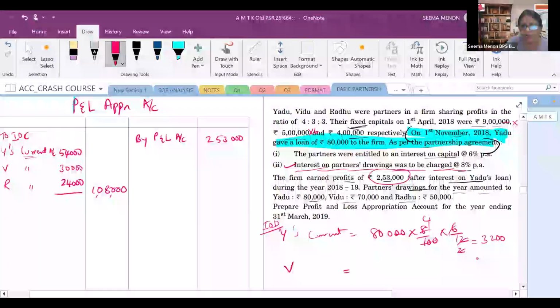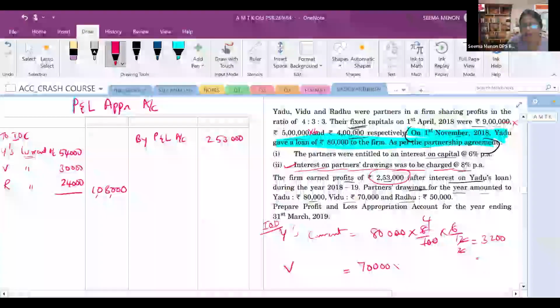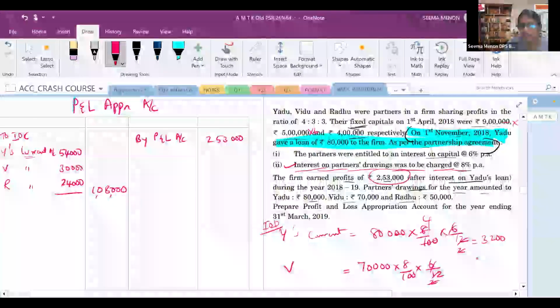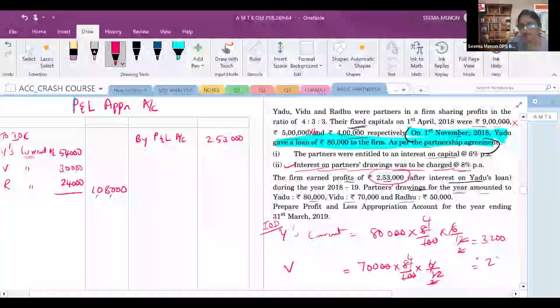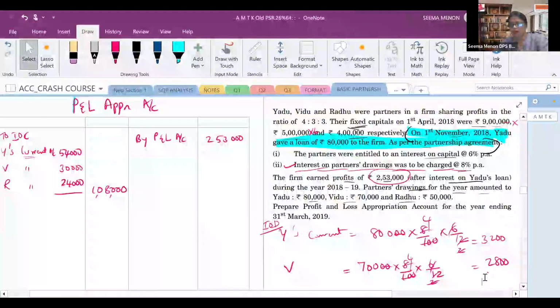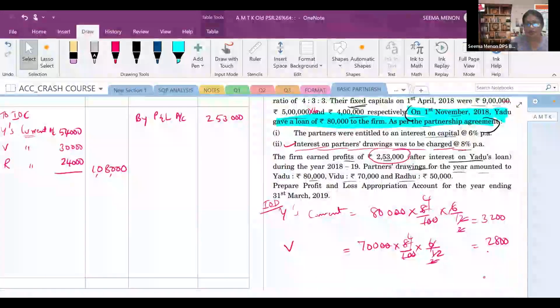The same way, let's take Vidhu. Vidhu had withdrawn 70,000. So 70,000 into 8 by 100 into 4 months period, 7 4s are 2,800. Now let's take the next one, third person. Who is that? That is Radhu.